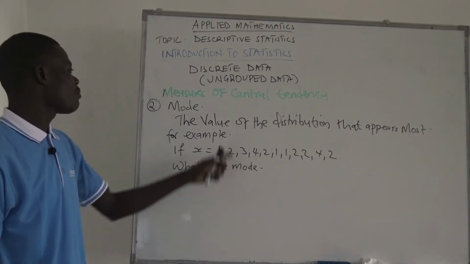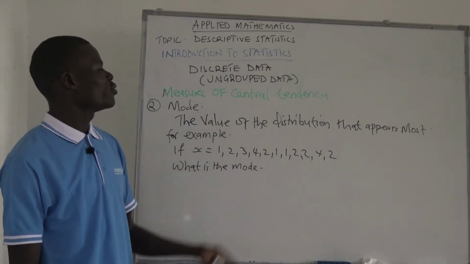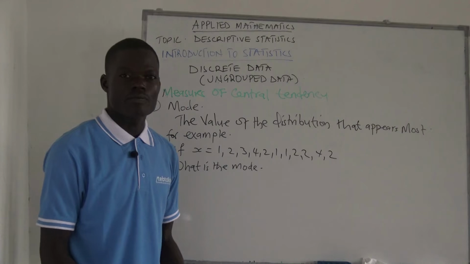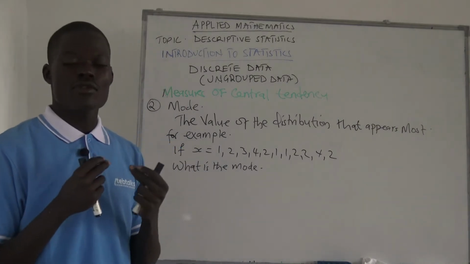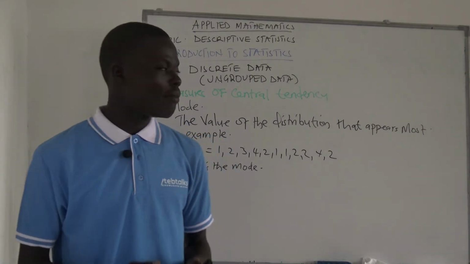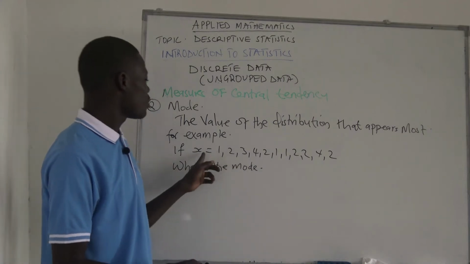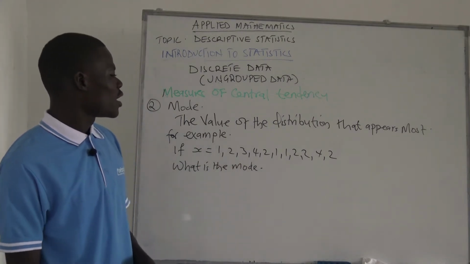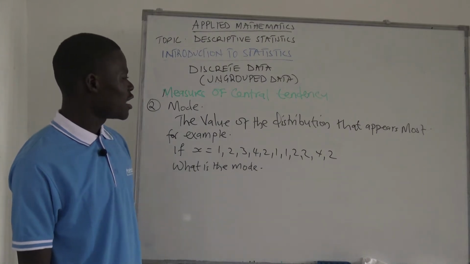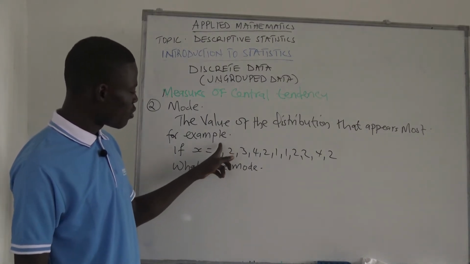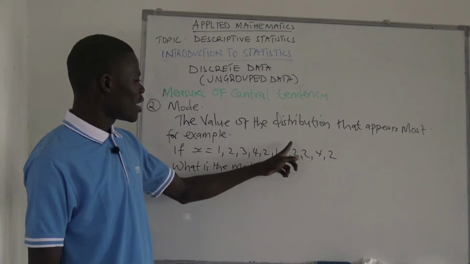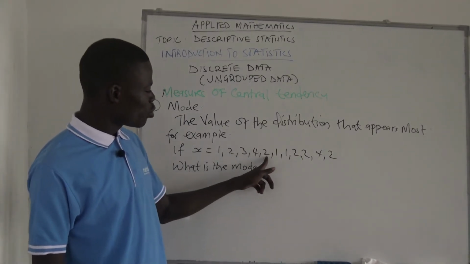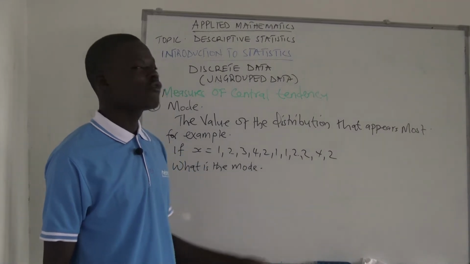We have said the mode is the value of the distribution that appears most. You come to your variable x. How many times is 1 repeating itself or appearing? It's appearing 1, 2, and 3 times. And then 2 appears 1, 2, 3, 4, 5 times.